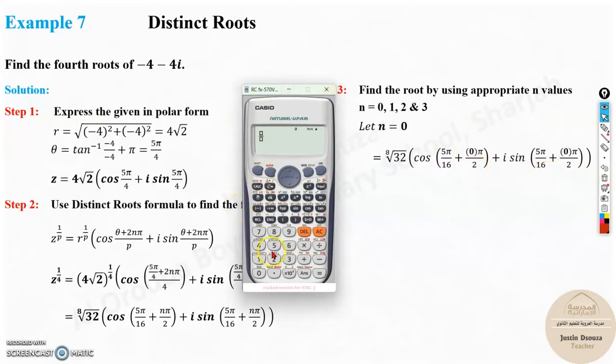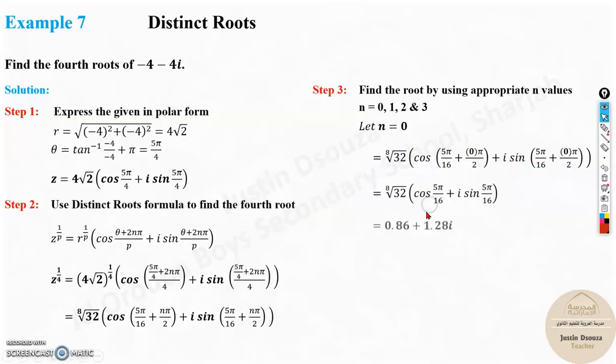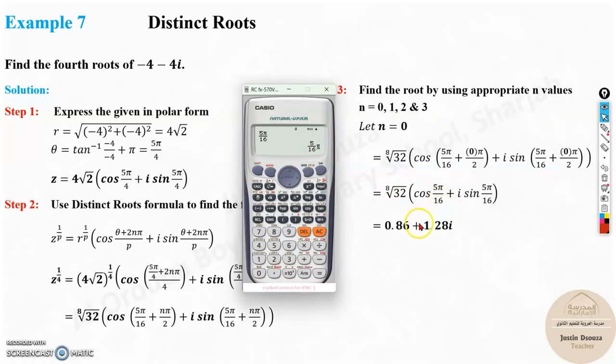It should be in radian mode. 5 pi by 16 plus 0, everything will be 0 itself. So that's it. Okay, now you don't need to do that, but you need to simplify, right? Over here, what is it? It is not polar, it's rectangular. So how do we get it? Here you need to put cos. Now look over here. The answer, oh sorry, this is not the answer. This is the answer for 0.55 over here. And you can write it as 0.56. Sine, what is the sine value?